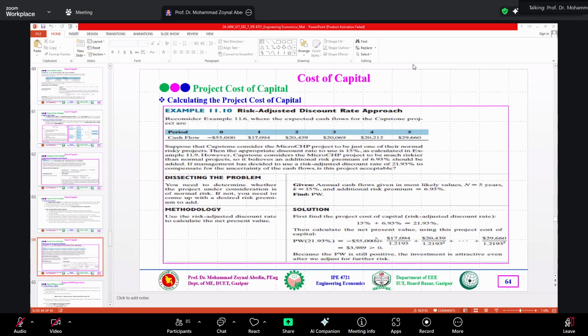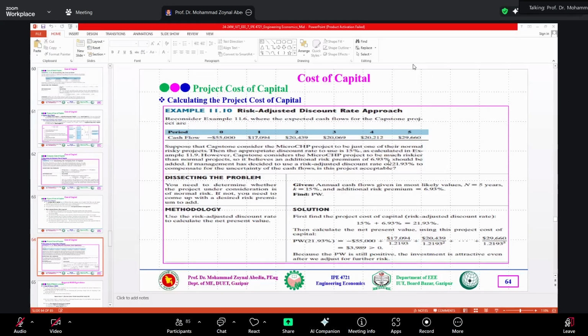And then if you calculate it simply with your calculator, you will get the value of 3,989, which is greater than 0. As it is greater than 0, because the present worth value is still positive, the investment is attractive even after we adjust for further risk, as a 6.93% further risk premium is added to the existing project.